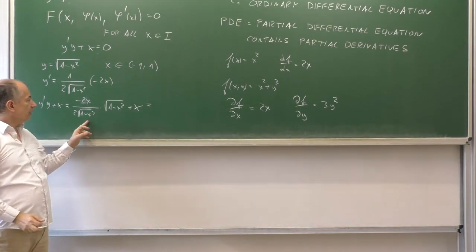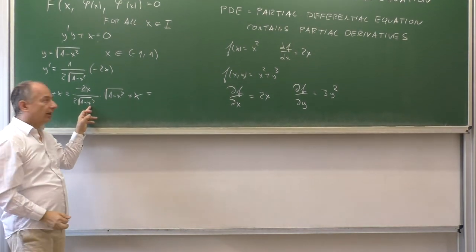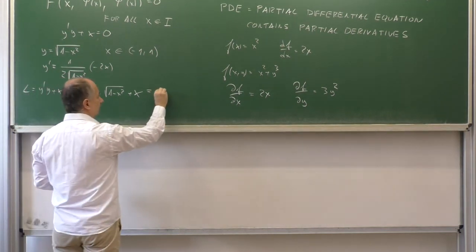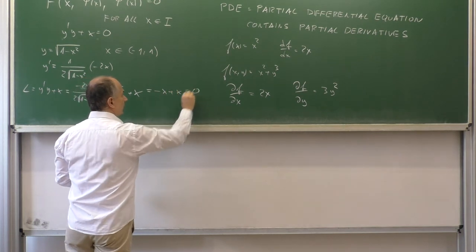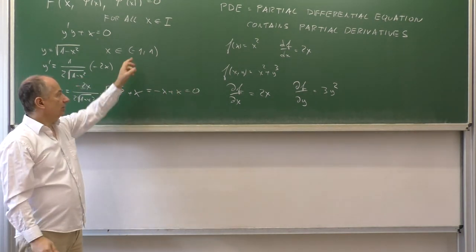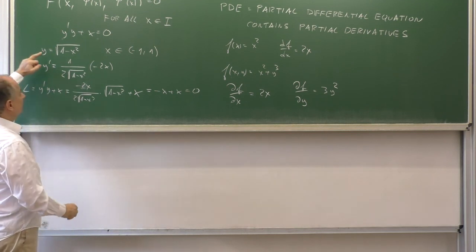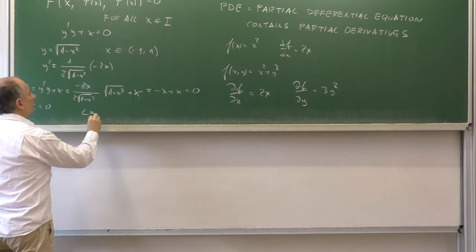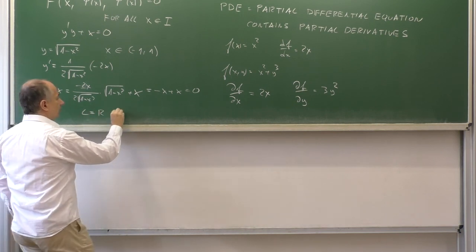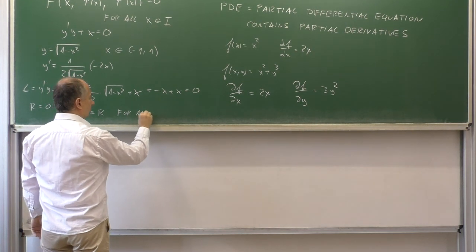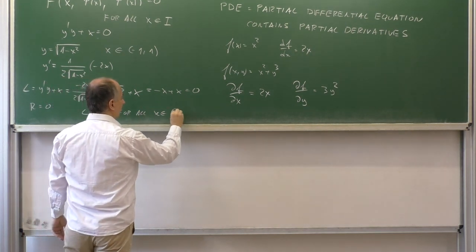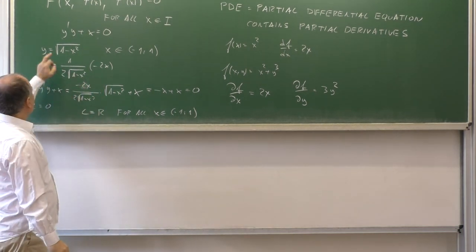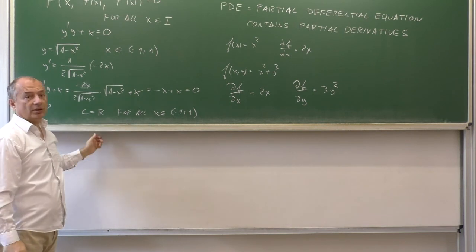If we simplify this expression, the square roots cancel, the 2 cancels, and we have -x plus x, which is indeed 0 for all x in this interval. We have 0 on the left, we have 0 on the right, so what is on the left is equal to what is on the right for all x in the interval from -1 to 1. So this function is indeed a solution to this equation.